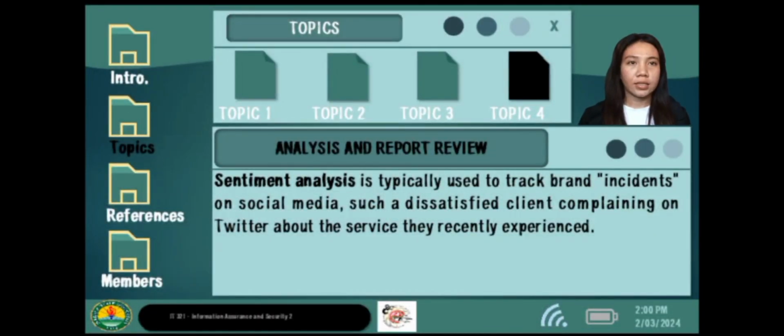Sentiment analysis is typically used to track brand incidents on social media, such as a dissatisfied client complaining on Twitter about a service they recently experienced. What is sentiment analysis? It's the process of analyzing digital text to determine if the emotional tone of the message is positive, negative, or neutral.